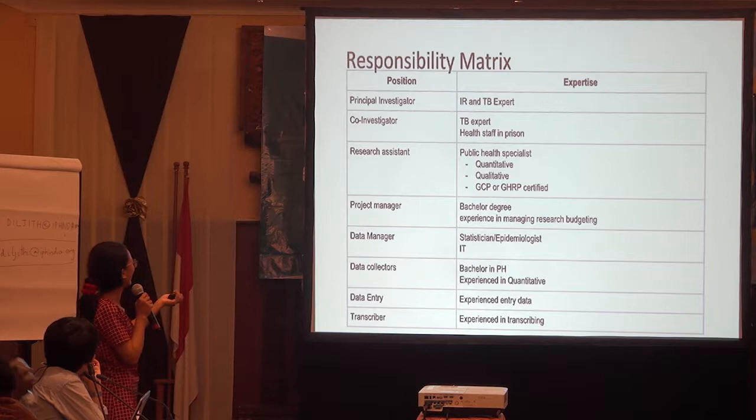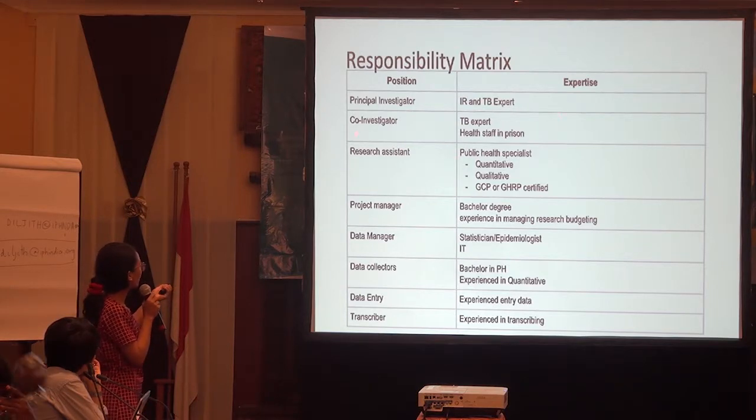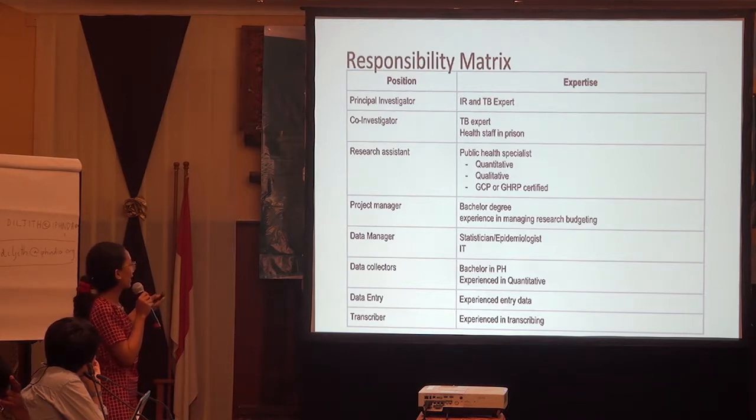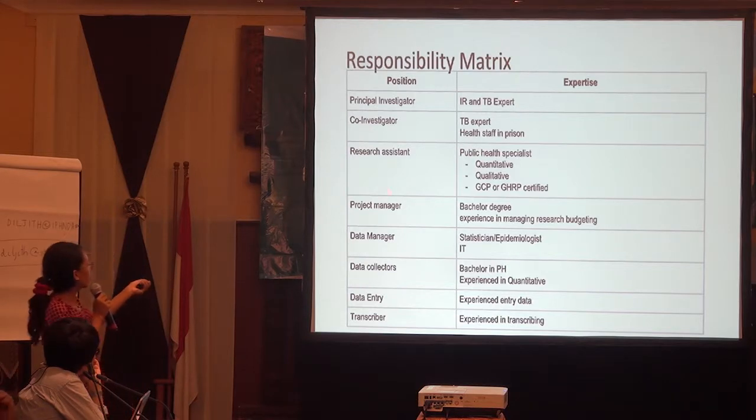The co-investigators will help the principal investigator to conduct the research and also do stakeholder engagement. This is why we put health staff in prison as one of the criteria for co-investigator. Also, we put research assistants.